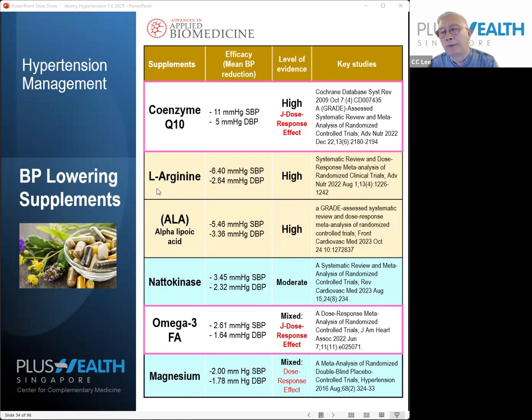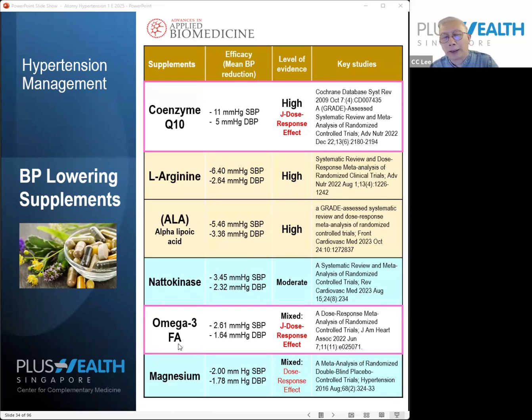These two, probably for the Atomy members, you are not familiar with, but these are common supplements also taken for reduction of blood pressure. Then we have nattokinase. The evidence is moderate and the efficacy is also moderate. Basically, it's about 3 points and 2 points on the SBP and DBP.